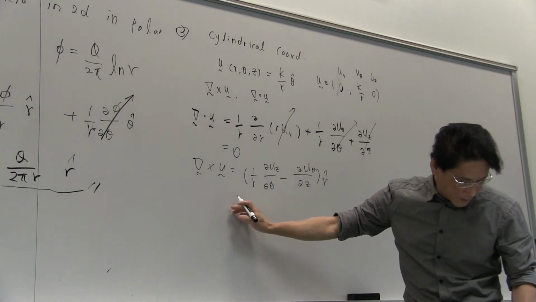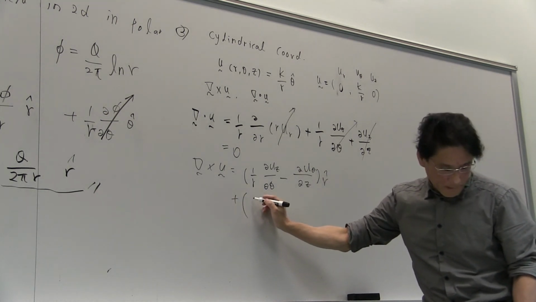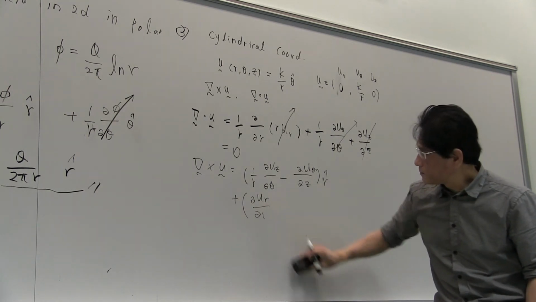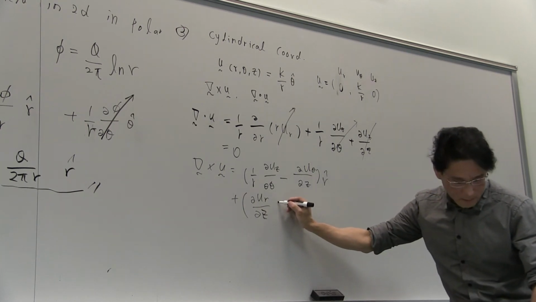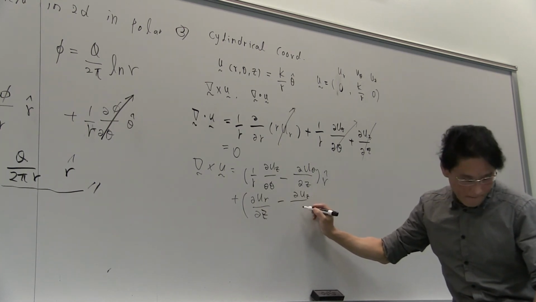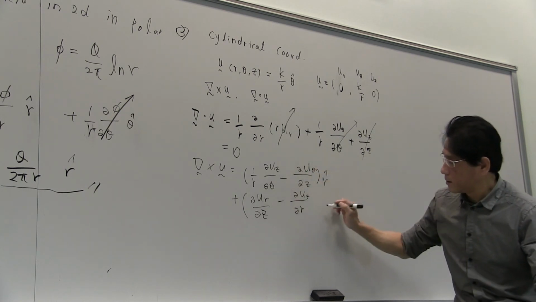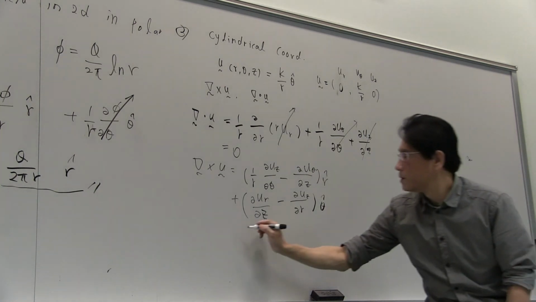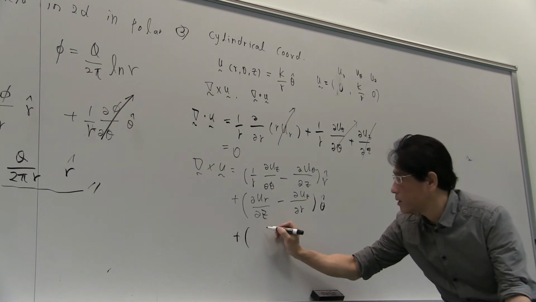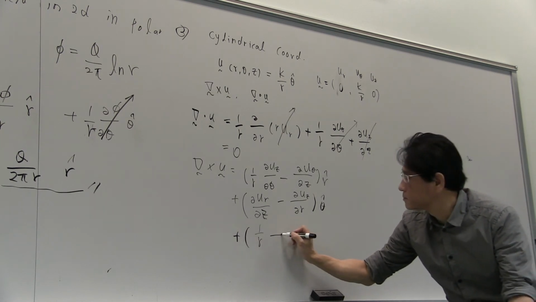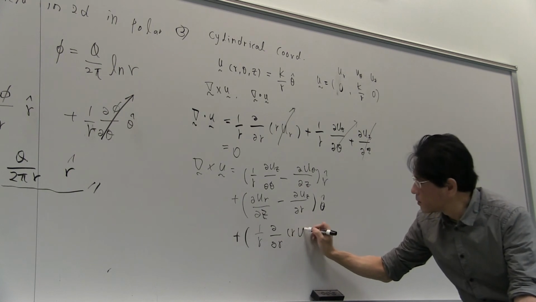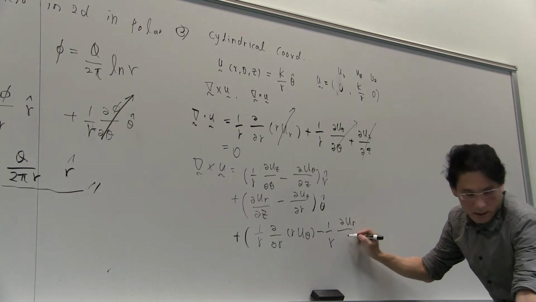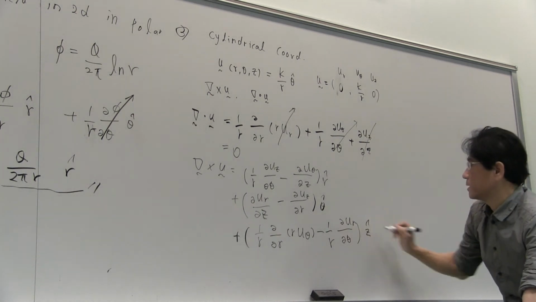And in the theta direction, you have du_r/dz minus du_z/dr. You have to check this by yourself again. Plus 1 over r (d(r u_theta)/dr minus du_r/d theta) in the z direction, okay?